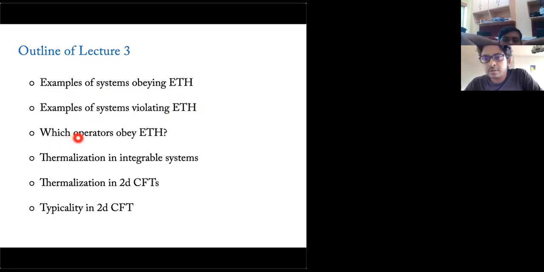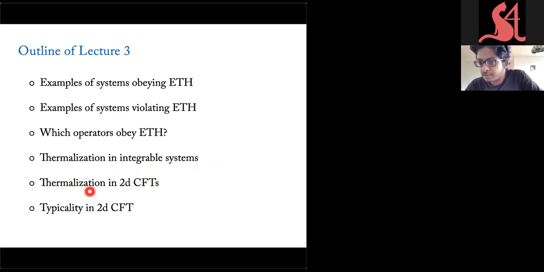Then we'll discuss which are the operators for which the ETH ansatz for matrix elements is obeyed. Then we'll see how to generalize these ideas for integrable systems which have additional conserved currents. And then we'll slowly move to 2D CFTs, and that's the final topic of this series of lectures.